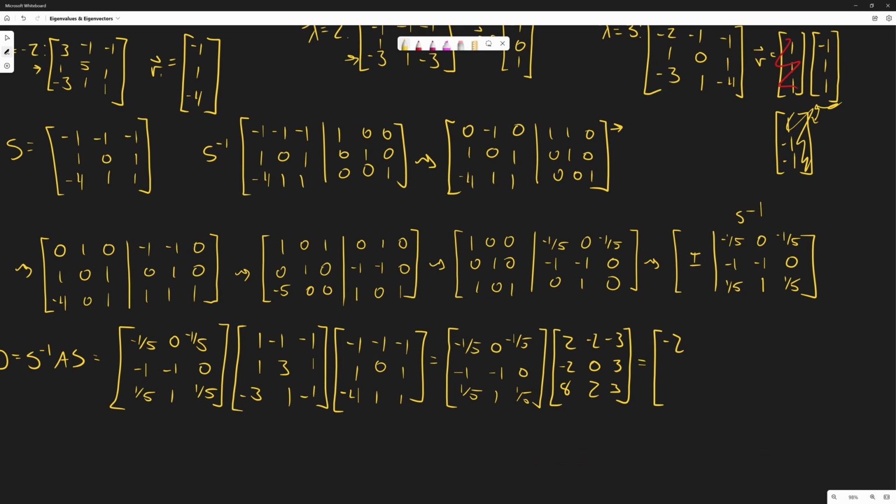And then we'll have 2/5, 0, negative 2/5, that'll be 0. Then 3/5 minus 3/5 is 0. Second row we'll have negative 1 times 2, then plus 2, that'll be 0. Then negative 1 times 2 is 2, plus 0, plus 0. This would be 2, and this would be 3. Minus 3, that'll be 0, plus 0, 0.